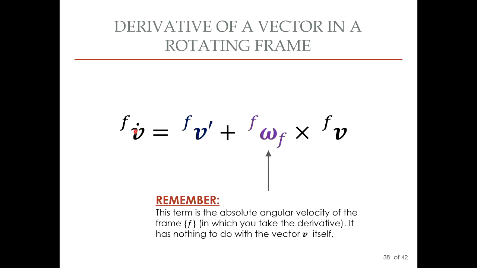And this formula, I always ask, how would you call this formula? We need to give it a name because we are going to use it a million times. Officially, you can call it the formula for a derivative of a vector in a rotating coordinate system.